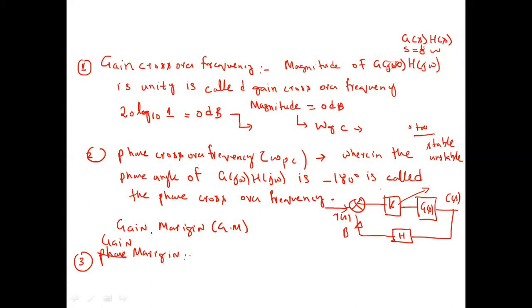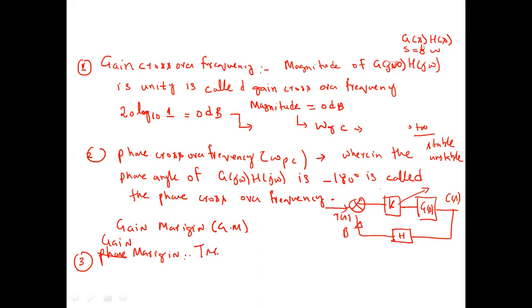Stability would reduce for a certain value of K and it would become marginally stable. Now, gain margin is defined as the margin in gain allowable by which the gain can be increased till the system reaches the verge of instability, or up to marginal stability. So this is how the gain margin is defined.